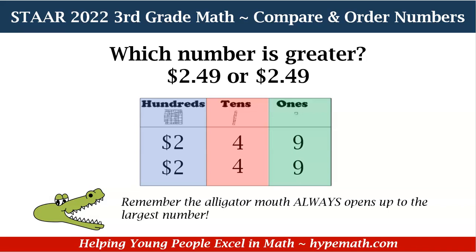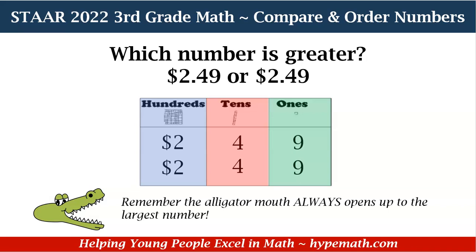But when we look, there are 2s in both of the place values in the hundreds place. Now we're going to move to the tens place. Well, when we look at the tens place, we also notice there are both 4s in the tens place for each number. So now we're going to move to the next place value, which is the ones place.